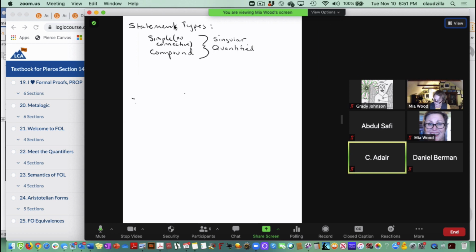A compound sentence involves one or more simple sentences and at least one connective. And again, we know now that by a connective we mean not just the Boolean connectives, but also the propositional connectives, conditional and biconditional.